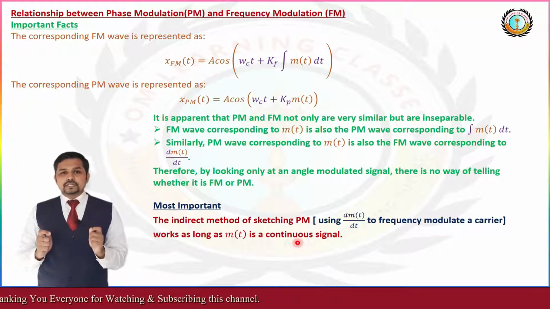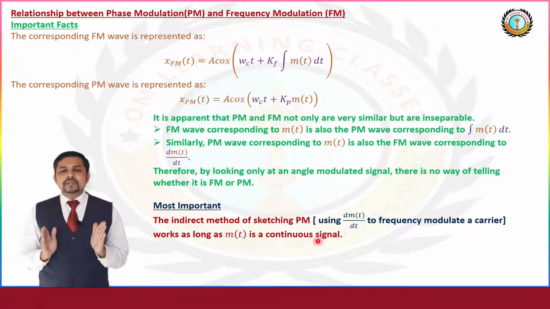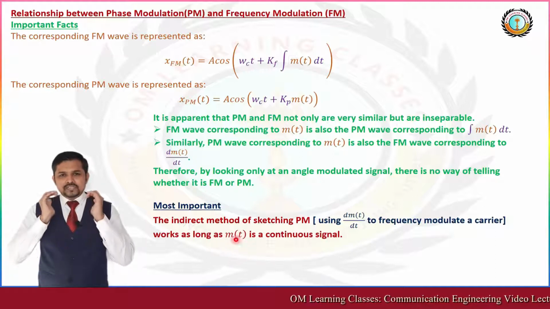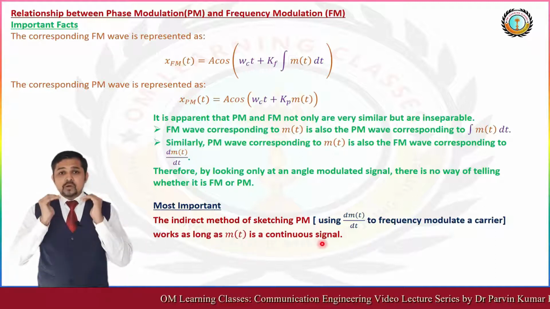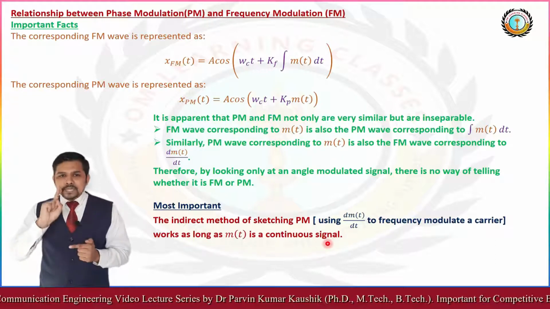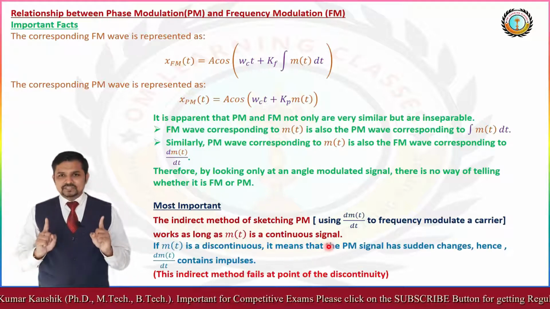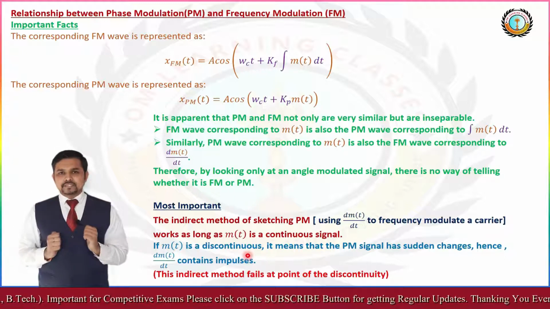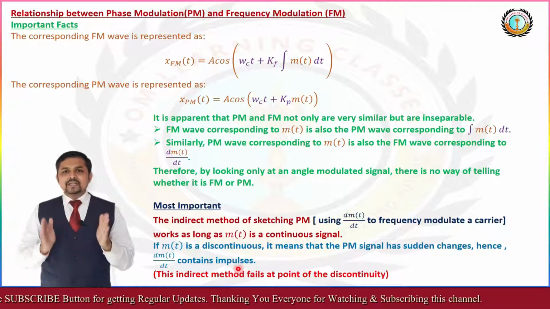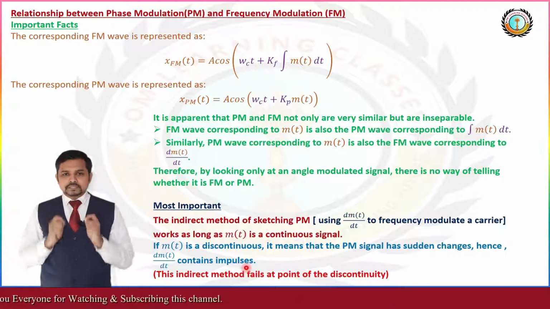This indirect method works as long as m(t) is a continuous signal. As per quality outcome, this is a very important fundamental which you have to remember. This indirect method is only applicable when m(t) is a continuous signal, because if m(t) is discontinuous, then the PM signal has a sudden change and the derivative of the modulating signal contains an impulse.